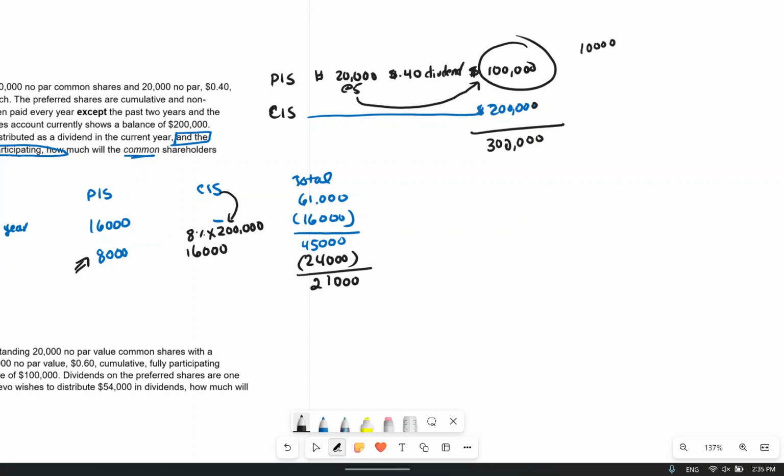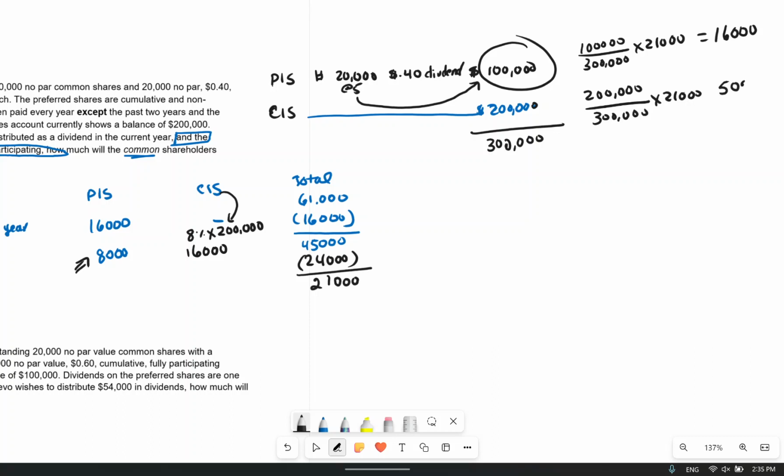You're going to take your 100,000 divided by your 300,000, multiply by the 21,000. Here you have 200,000 divided by 300,000 times the 21,000, and that will give me 16,000, and the other one will give me 5.